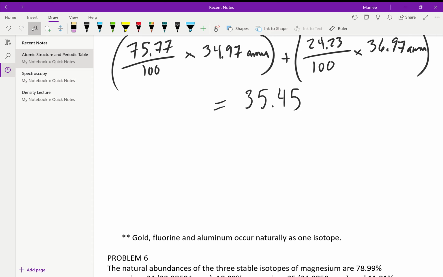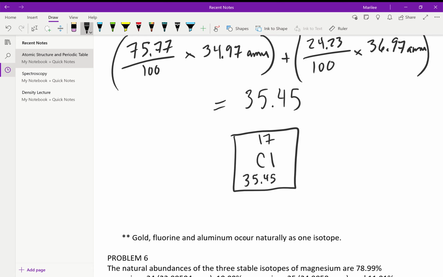If you look this up on the periodic table for chlorine, the box for Cl is number 17. It should say on the bottom 35.45 something, maybe 2 something, I think.